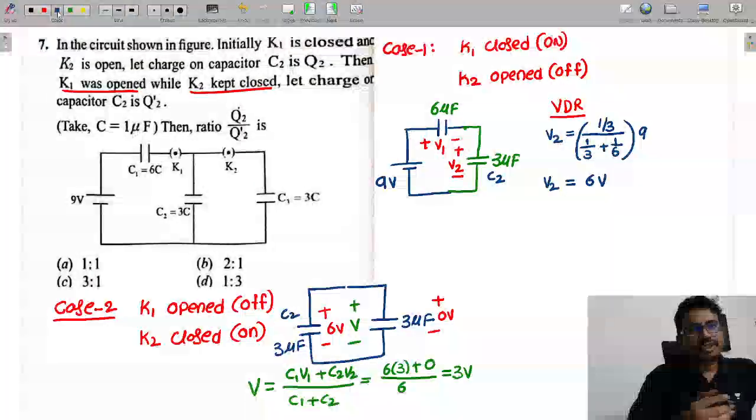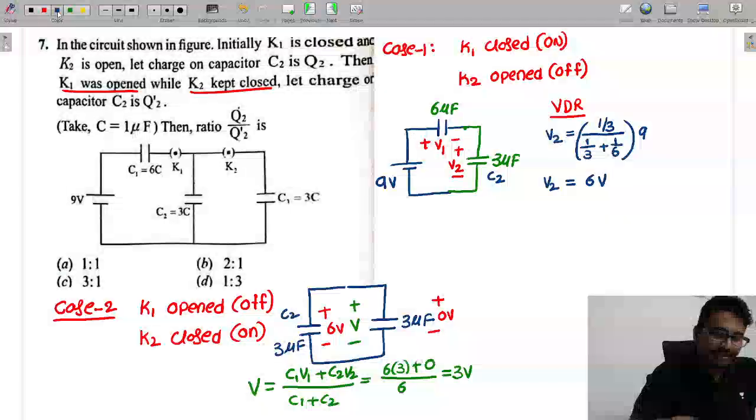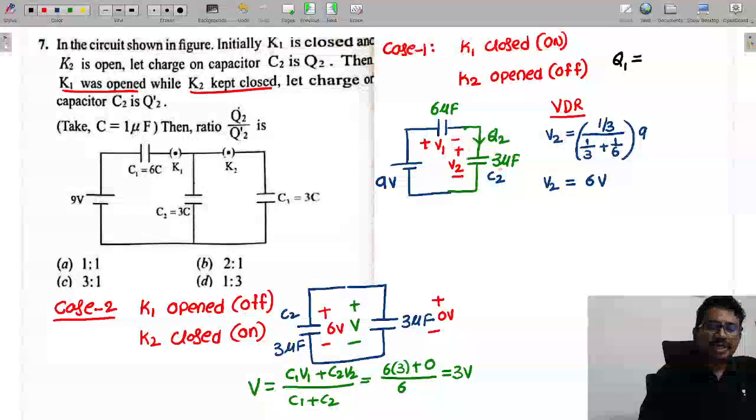After the second case, in case 1 we need the charge across this element. Now this is Q2. Can you tell me the Q2 value here? How much is Q2? Case 1 charge is given by capacitance, we know, and voltage, we know.